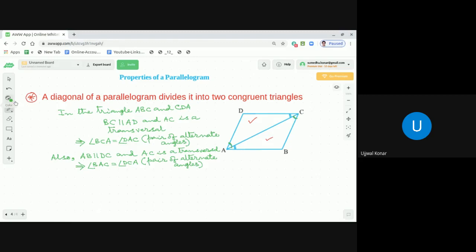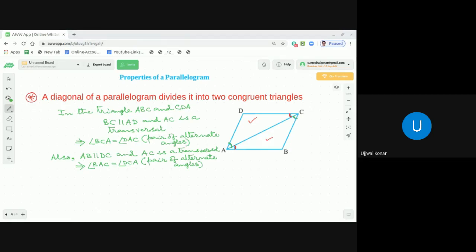And the other one, if I do it in red, is angle BAC, this angle, equal to angle DCA, this angle. So we found that a pair of corresponding angles are equal.